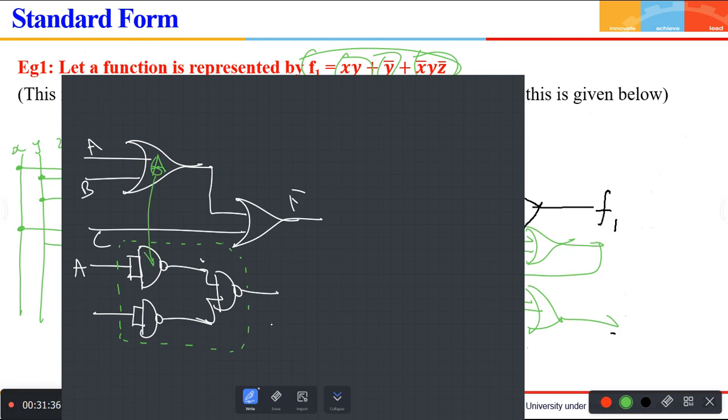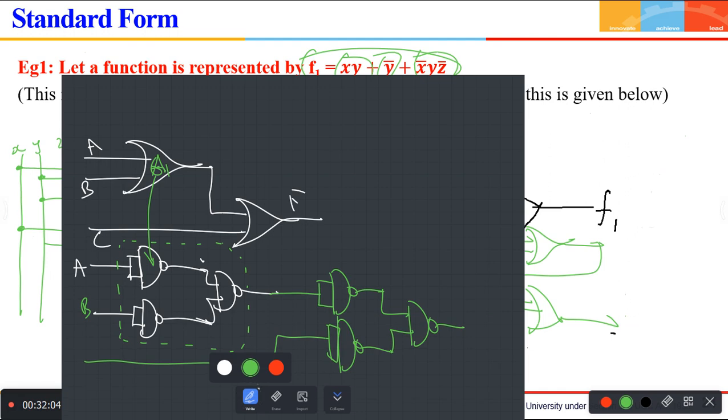Gate G1, right? Okay, can you replace this? Same thing, same thing. You will have one more OR gate. This output will go here, and this is your B, and C will come here, right? What does this correspond to? This is another gate, G2. This is your G2, this is your G1. Understood this?